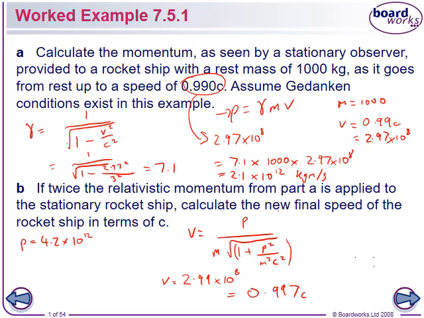Instead of 0.99 times the speed of light, it went up to 0.997. So the closer you get to the speed of light, the less your changes have any effect. Doubling this momentum has only increased our speed by 7 1,000ths of what it was before. That's the problem with relativistic momentum.